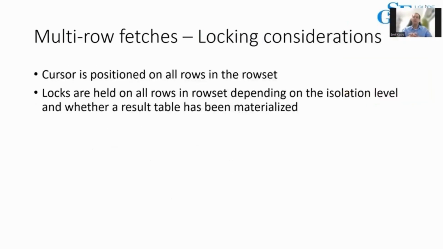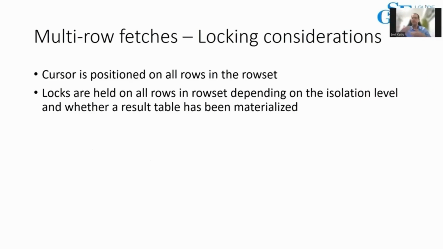Now, blocking considerations, which I mentioned. Not everyone thinks about it when changing an application from single row fetch to multi-row fetch, because now the cursor is positioned on all rows in the row set, which is a subset of the result set. Locks are held on all rows in a row set depending on the isolation level and whether the result table has been materialized or not.